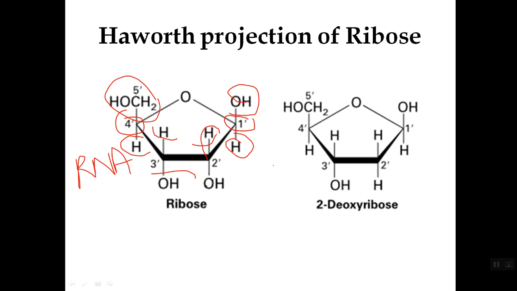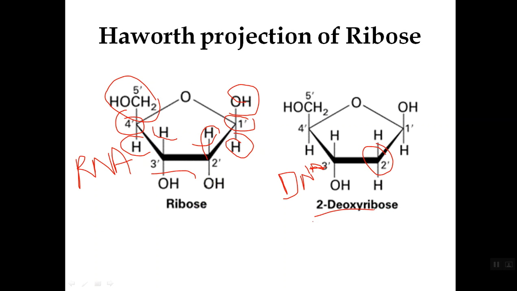Whereas in case of DNA, we will be having deoxyribose, where you will not find the oxygen at the C2 position. So it is named 2-deoxyribose.